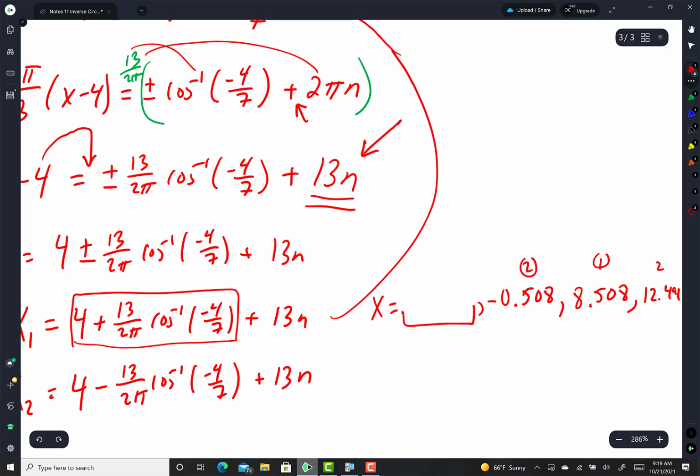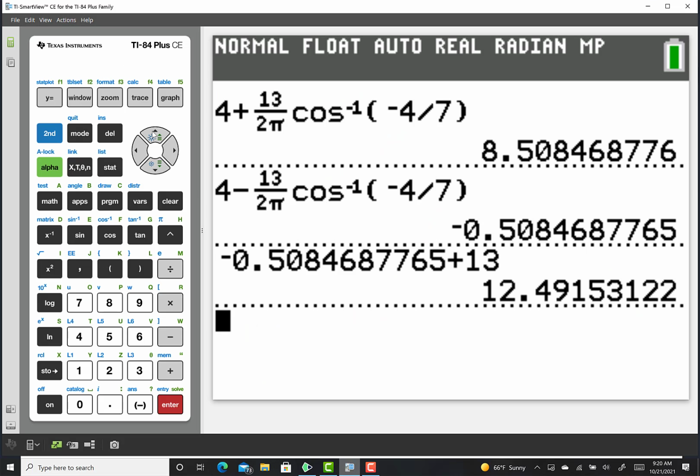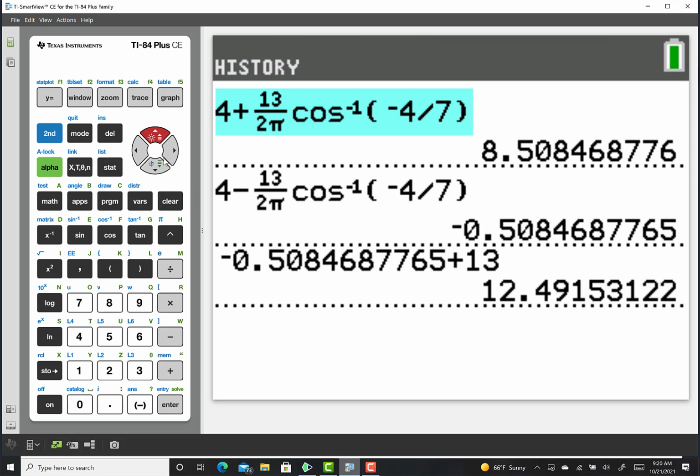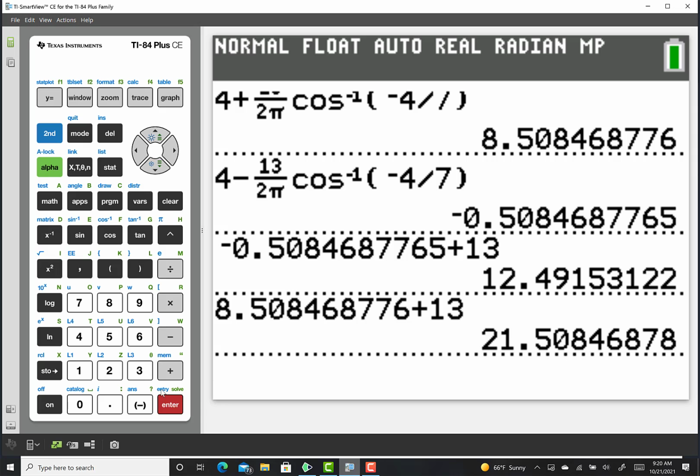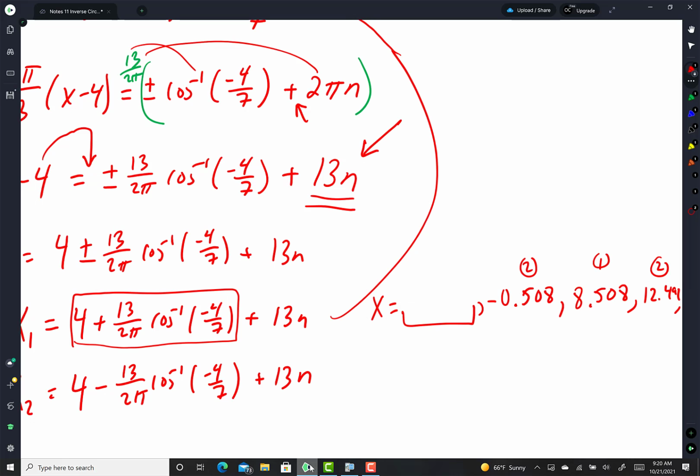12.491, that's coming from equation 2, comma, the next one's coming from equation 1, the 8.508. So I'm going to scroll up, 8.508 plus 13. 21.508. 21.508.